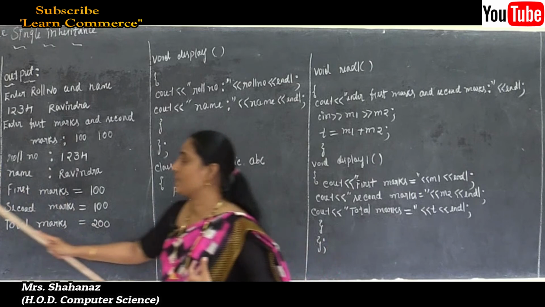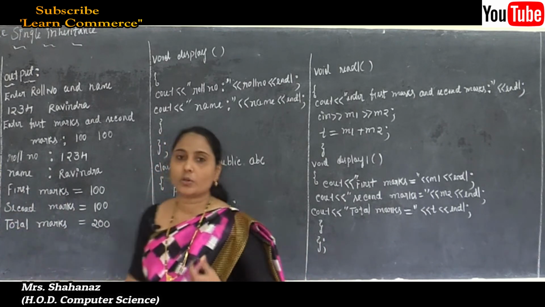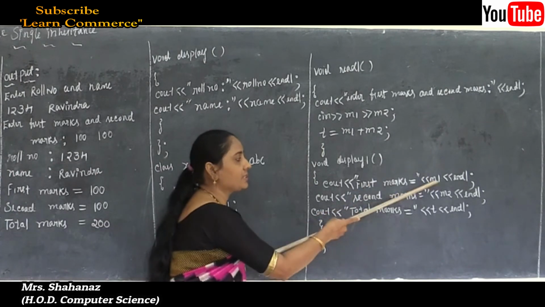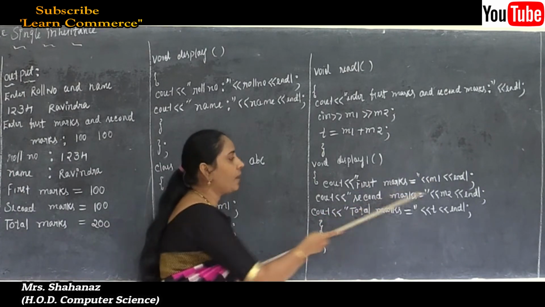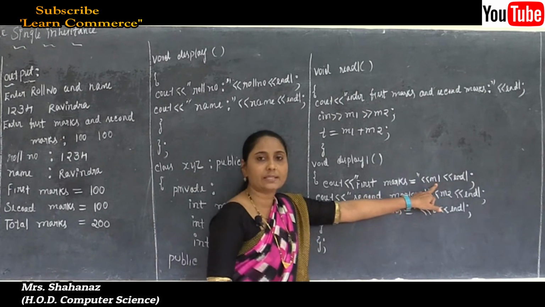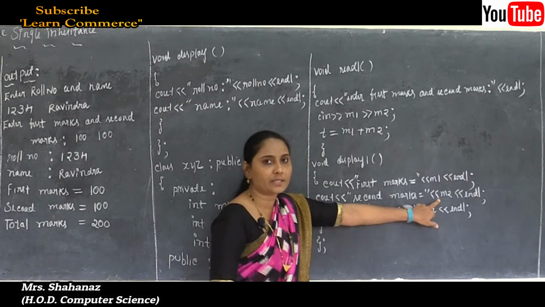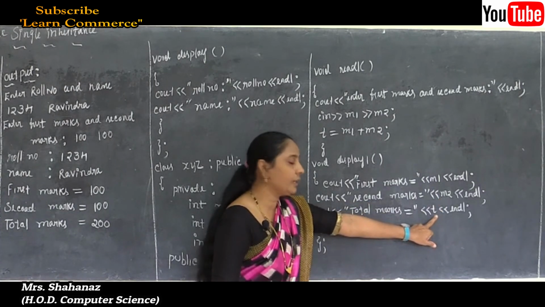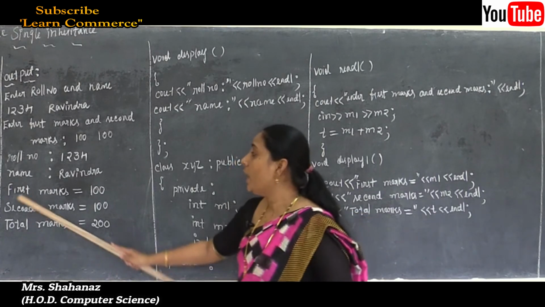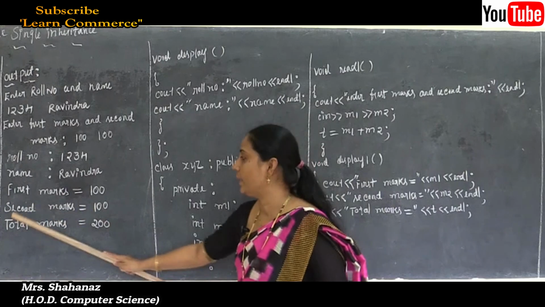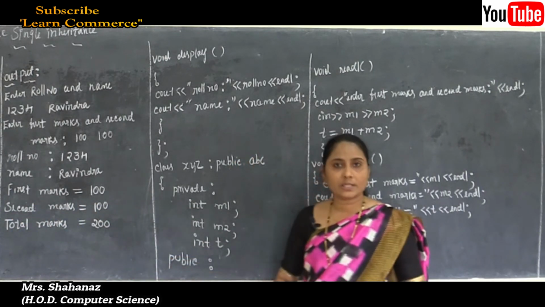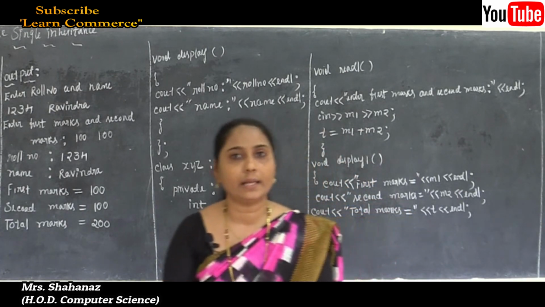Finally it accesses ob.display1, in which we wrote the first marks M1, the second marks M2 and the total marks. M1 is 100, M2 is also 100, and the total marks is 200. So this is the example for single inheritance. Thank you.